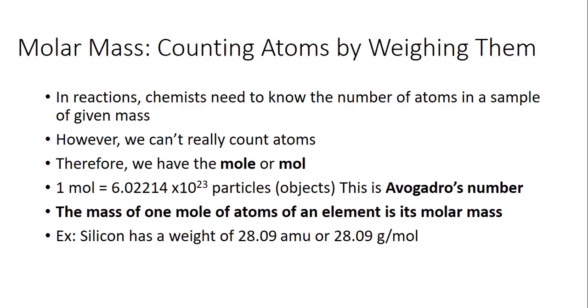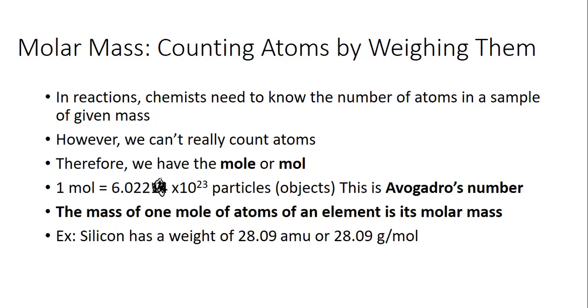So we work with a bigger amount of atoms, and we call that amount a mole. A mole is simply 6.022 times 10 to the 23 particles or objects. This is called Avogadro's number.